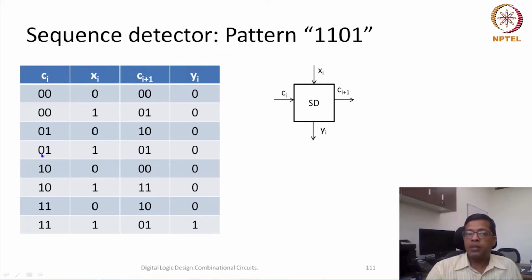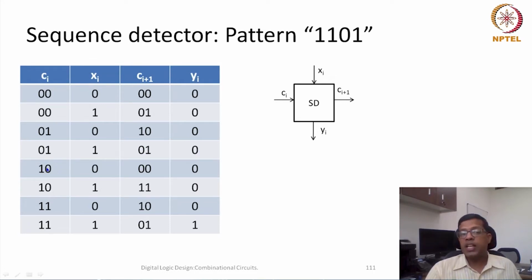Similarly, if the current state is 0 1, meaning only one bit has matched, and xi is 1, then it becomes 1 1. So 1 1 is of no use, and we again say that only a single bit has matched. So Ci plus 1 is equal to 0 1, and yi would be 0.